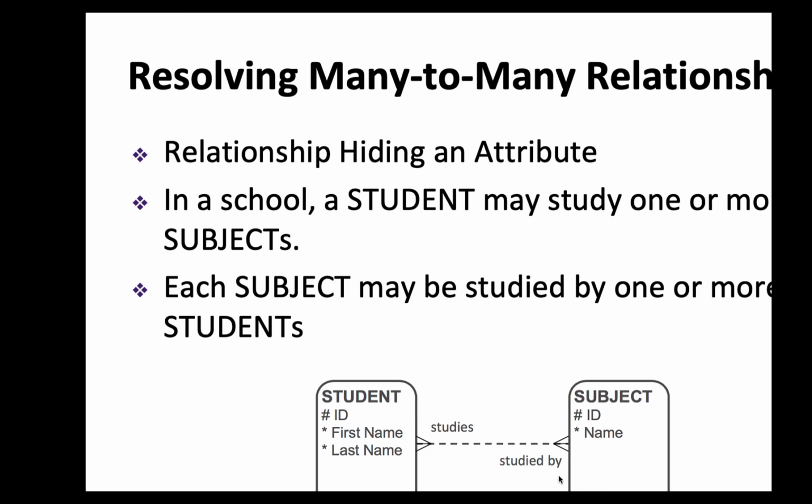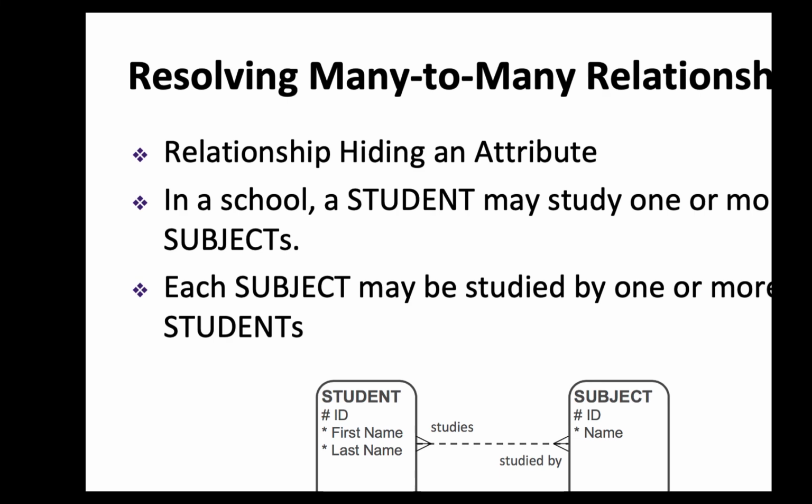Any issue with this ERD? Who will tell? There is a hint about it. The issue is that this relationship is hiding an attribute. Can you think which sort of attributes are missing if you want to make an ERD for this course management system?